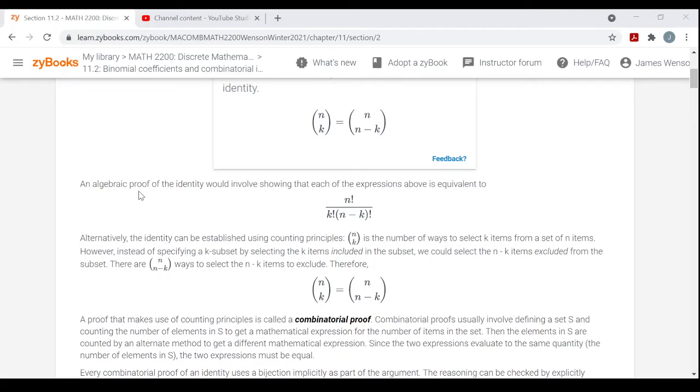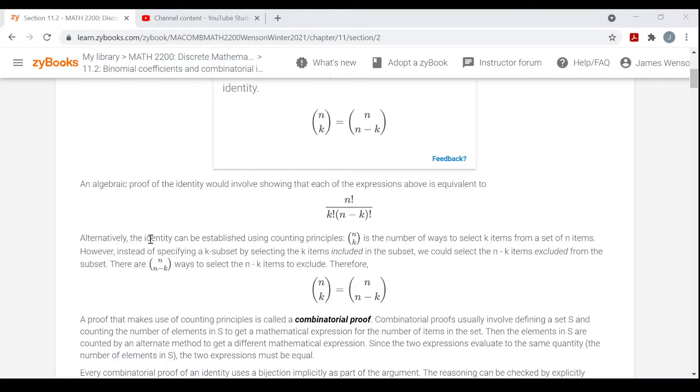An algebraic proof of this identity would involve showing that each of the expressions is equivalent to the formula for n choose k in terms of factorials: n factorial in the numerator divided by k factorial times n minus k factorial in the denominator. And you could very easily show that both of these are equivalent to this.